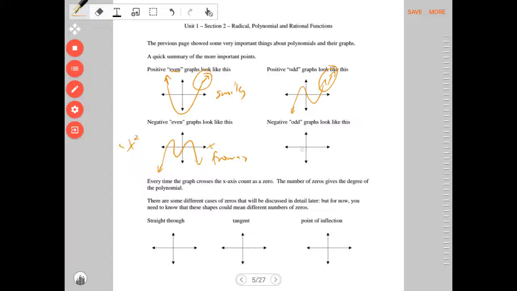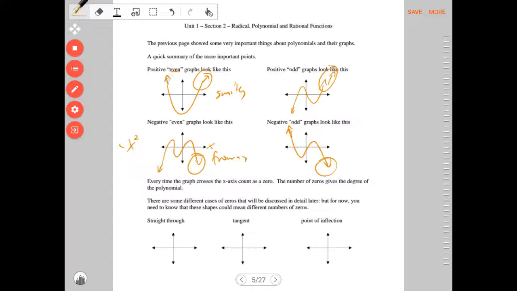Okay, a negative odd graph would be high in quadrant 2, okay, and then low in quadrant 1. Okay, so check this out. They're both low in quadrant 4. So if the function or the polynomial is high in quadrant 1, you know that it's positive. If either of them are low in quadrant 4, then you know that the function is negative.